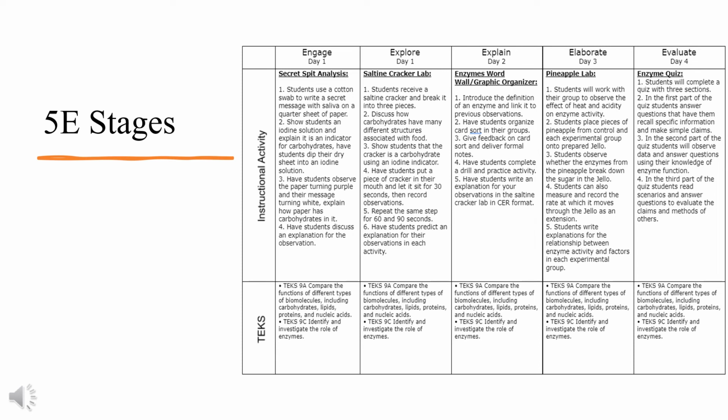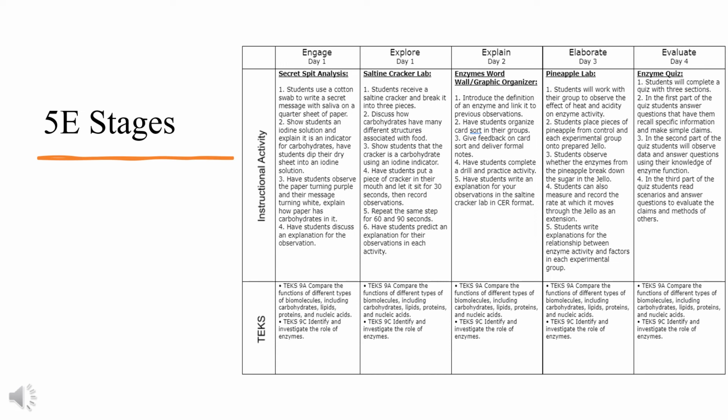The quiz, I want to have different components so that we can assess students at different levels. In the first part of the quiz, students are just going to answer questions that have them recall specific information and make simple claims. In the second part of the quiz, students are going to observe data and then answer questions using their knowledge of enzyme function.